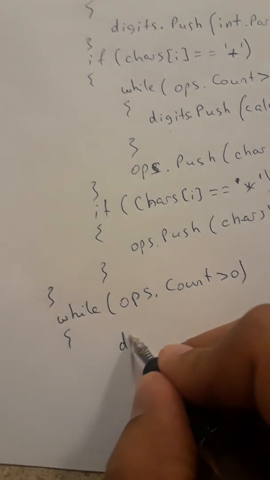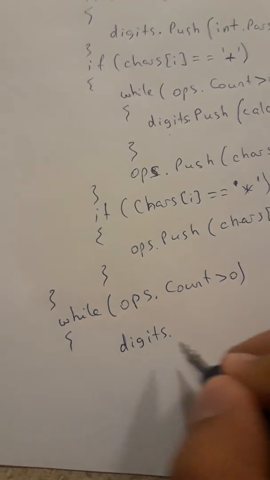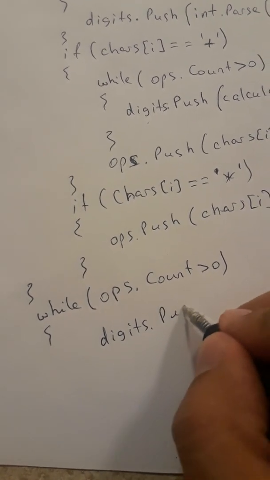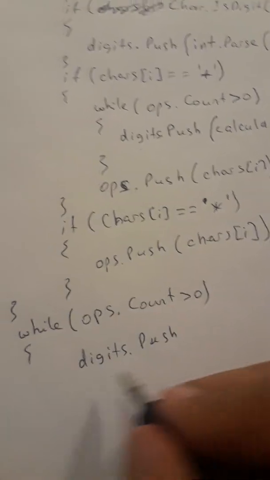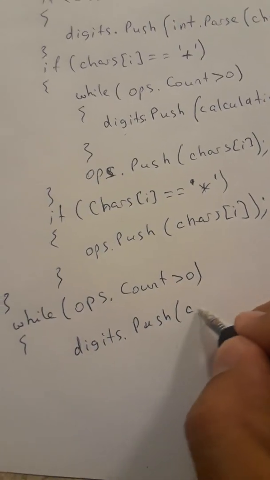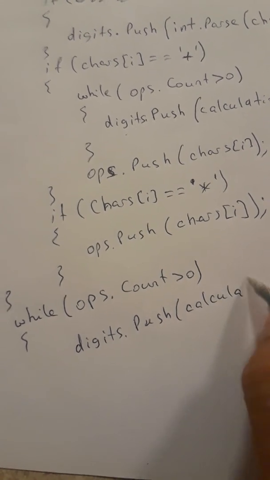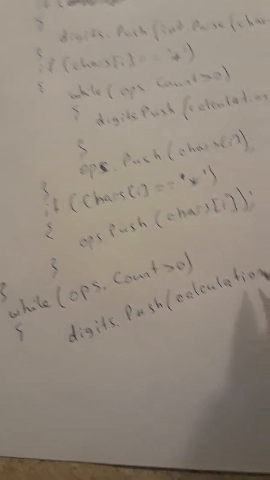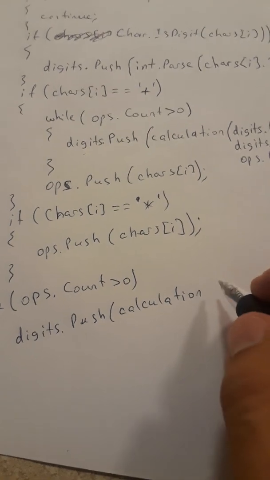We'll always push the result of our calculations back to our digits stack, and for calculation we will always use our helper calculation function.